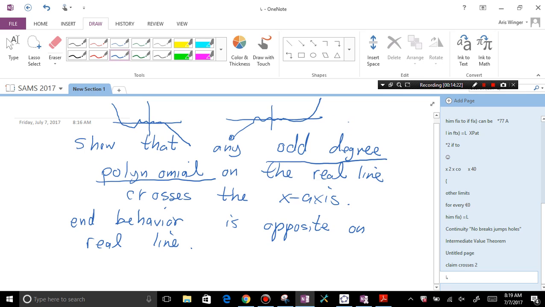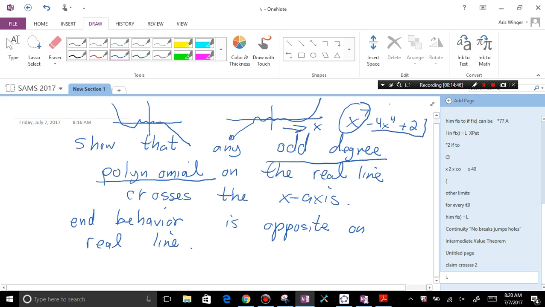And the argument for that is not that difficult, right? x to the 7th minus 4x to the 4th plus 2, for example. I know that this rises to the right and falls to the left. How do I know that? Well, I'm asking really about the limit as x goes to infinity. And as x goes to infinity, oh my goodness, x to the 7th just annihilates this stuff.